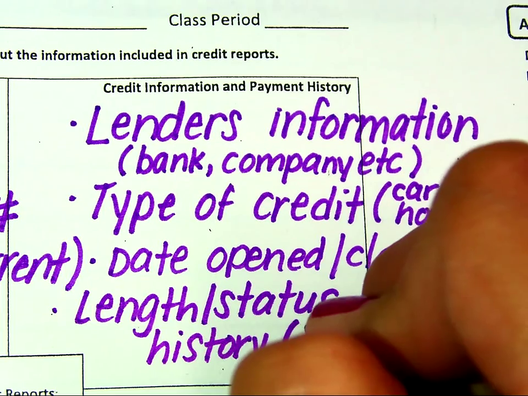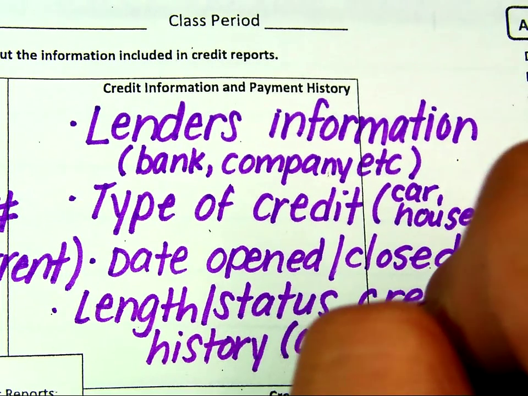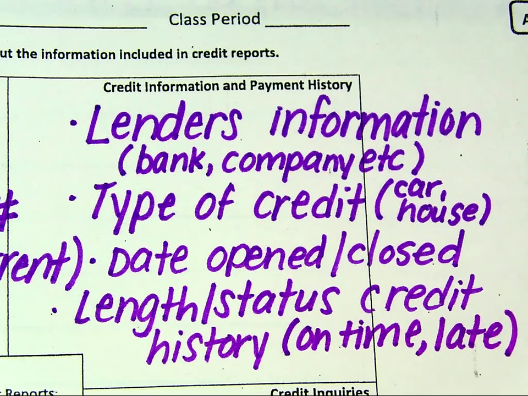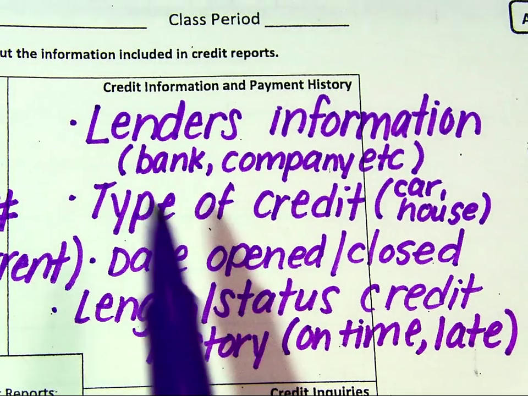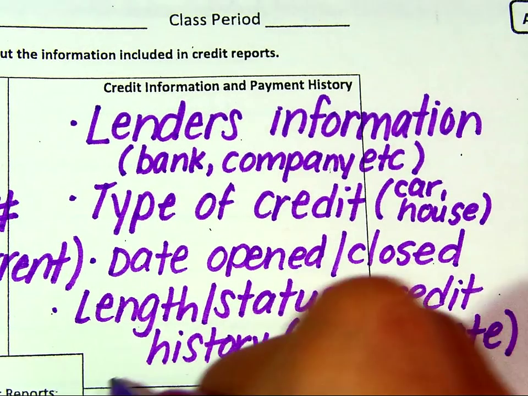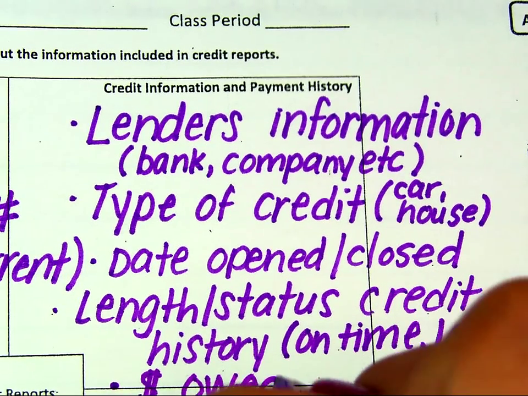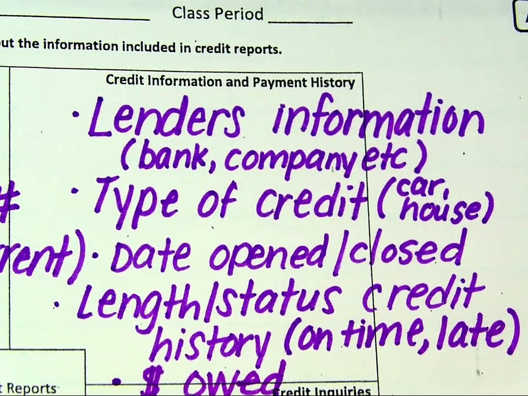That's if you pay on time, if you're late, anything like that. And the last thing that you'll find on the credit information and payment history is going to be how much money you owe. Okay, so it's going to be the amount owed.